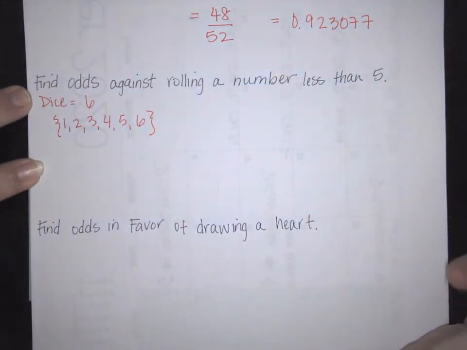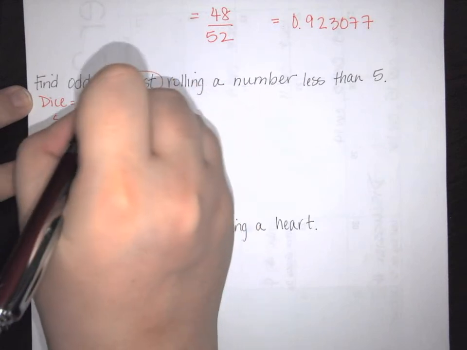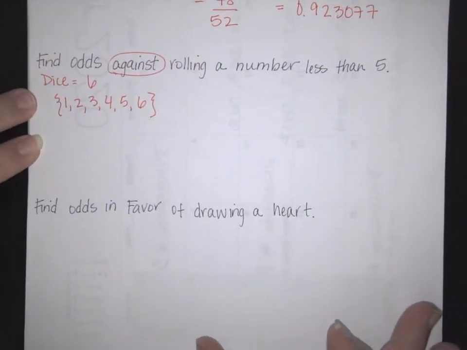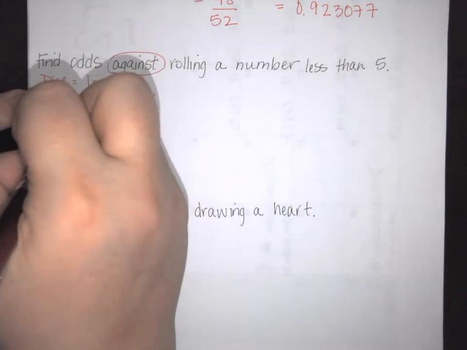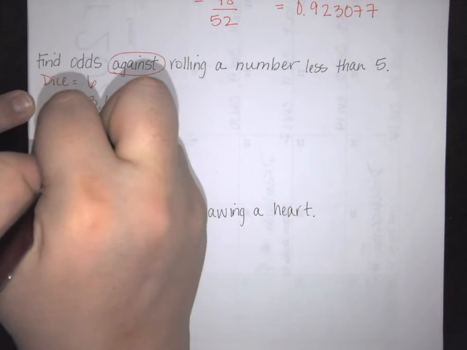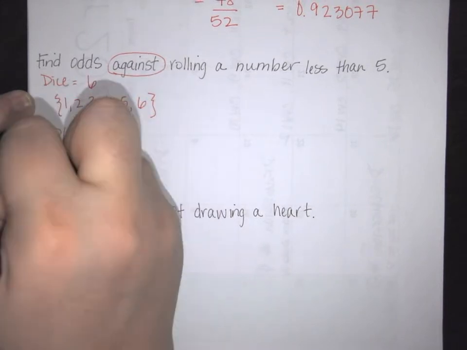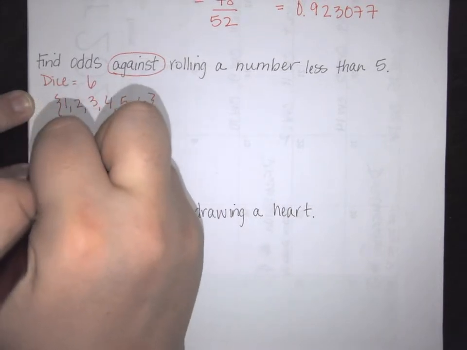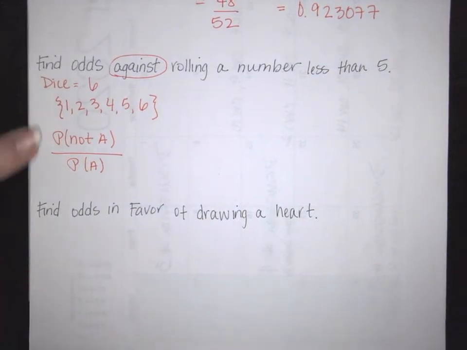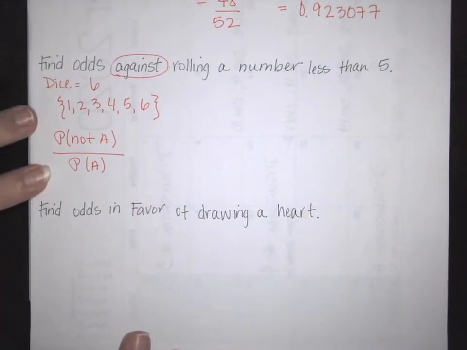And we're looking at odds against. So this right here is the big word that we're looking at, against. So finding odds against essentially means you're looking at the probability of your event not occurring over the probability that it does occur. Okay, so I have to figure out what these two probabilities are.